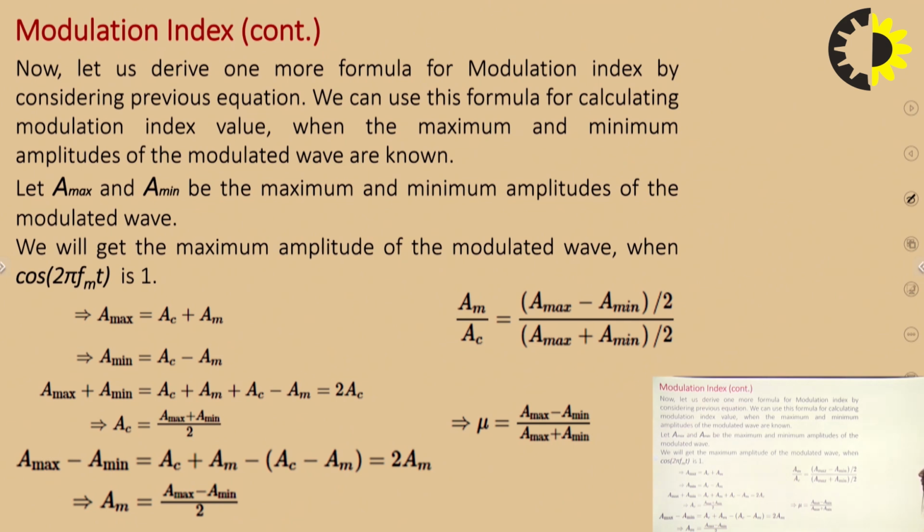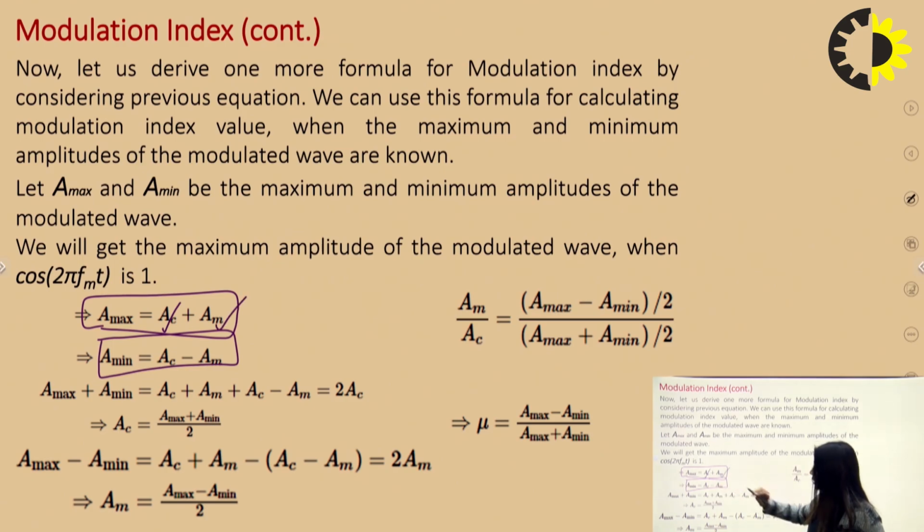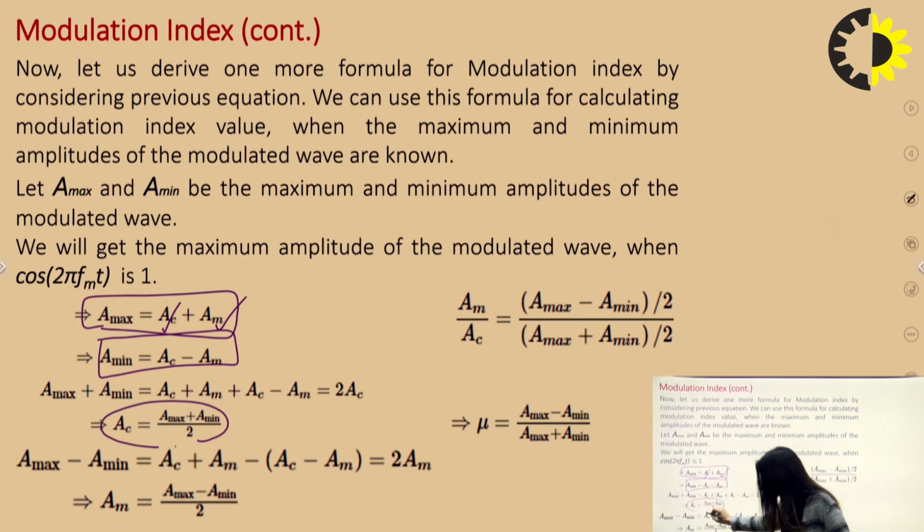Now already we have seen the maximum amplitude was AC plus AM, and the minimum amplitude was AC minus AM. So from these two equations I can find out AC and AM. AC is A max plus A minimum upon 2, and AM is A max minus A minimum upon 2.